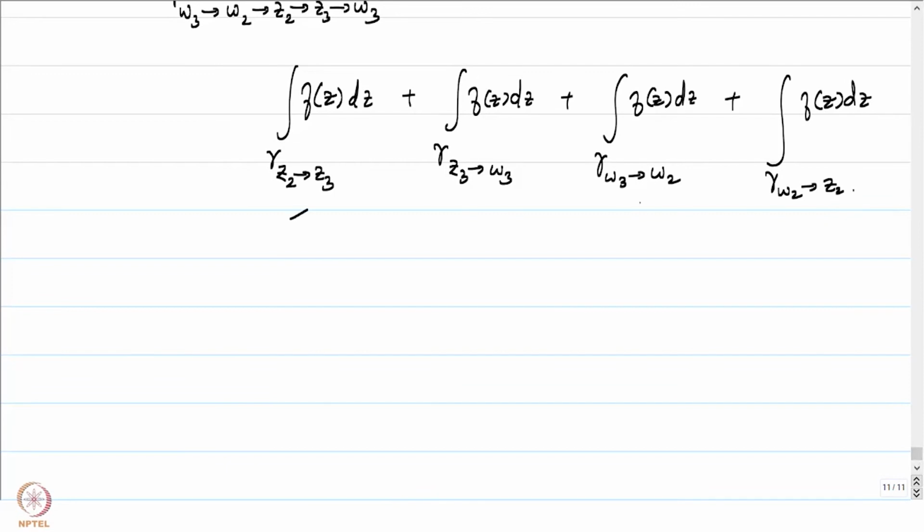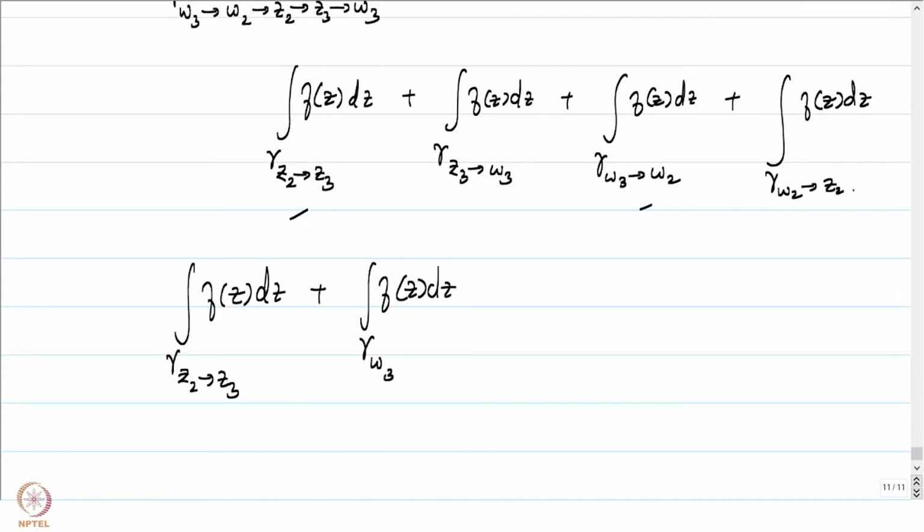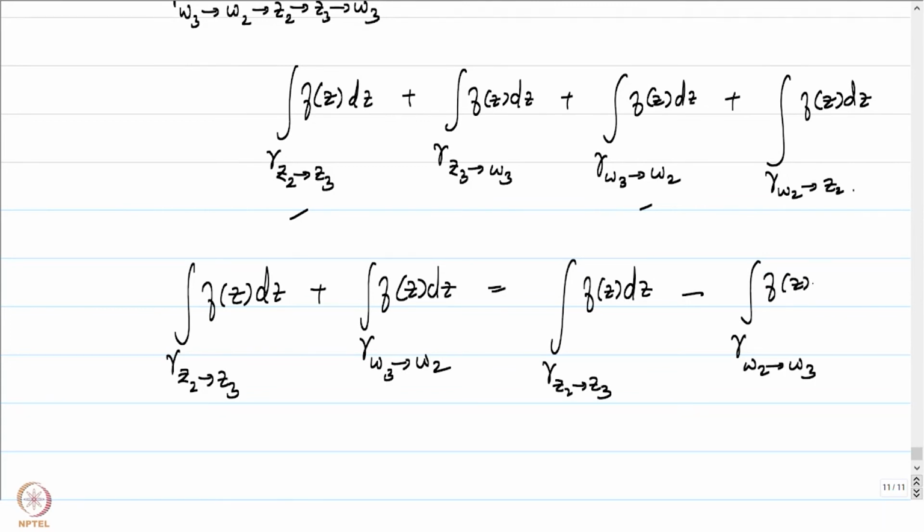We will focus on the first one and the third one together and get some estimates. If you look at the integral of f of z dz over gamma Z2 to Z3 plus the integral of f over W3 to W2, this is the same as the reversal. The second one is the minus of the reversal. So, let me write it down: the integral from Z2 to Z3 minus the integral from W2 to W3 of f of z dz.